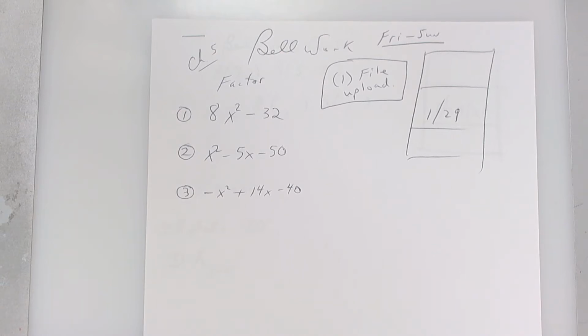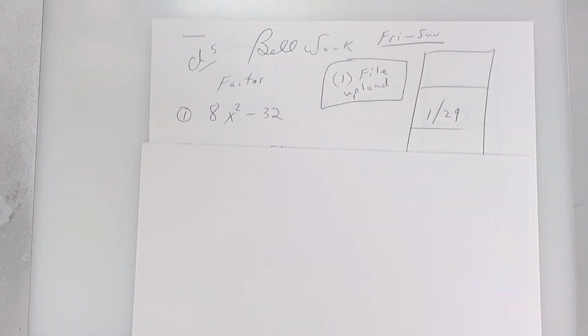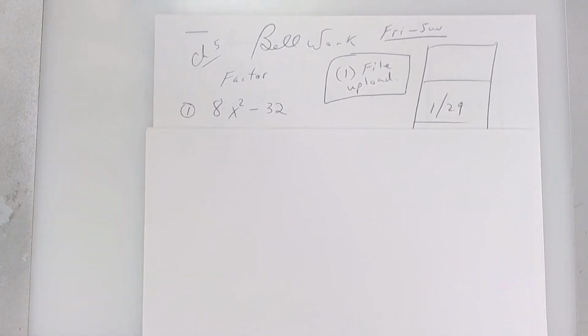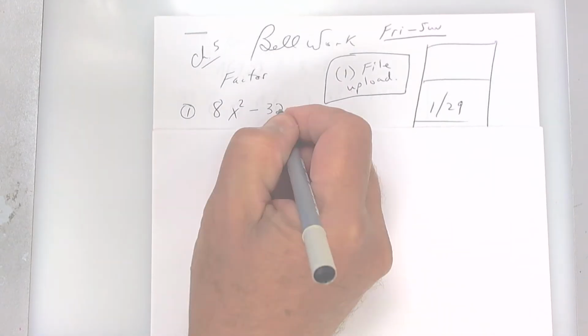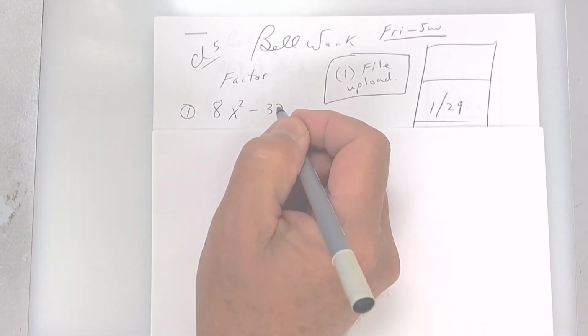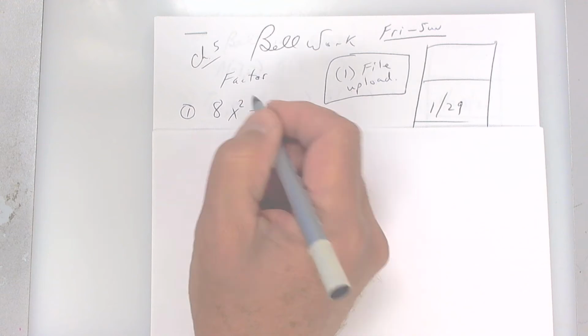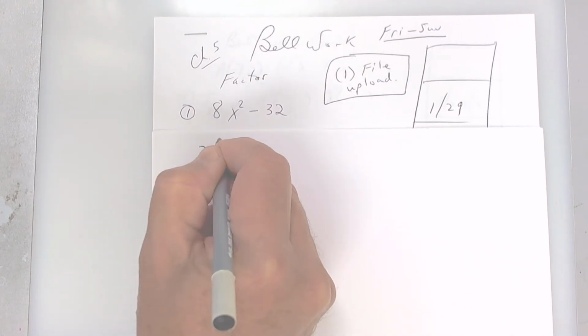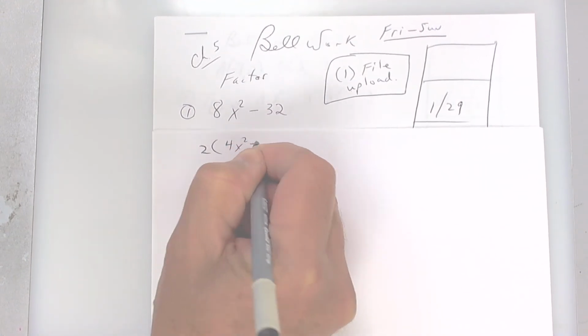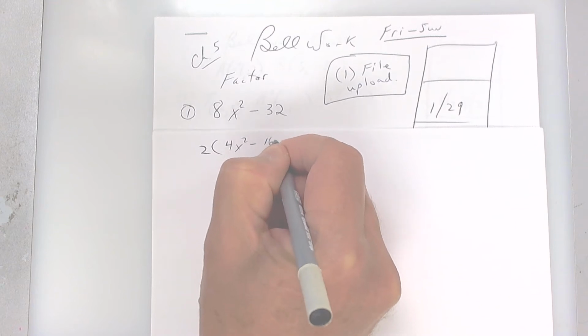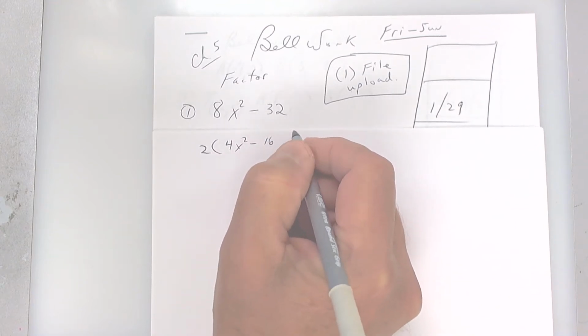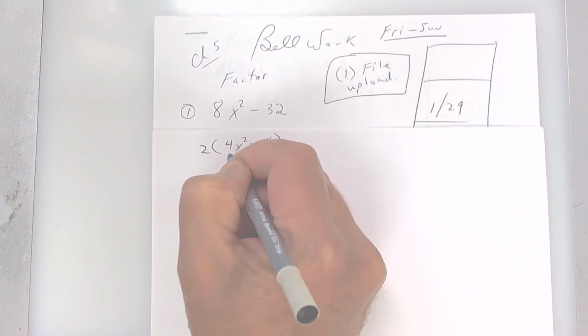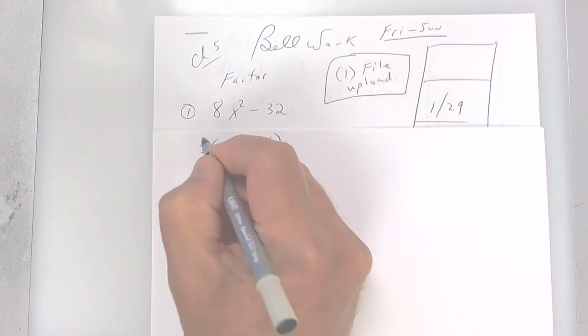Let's take a look here. You were taught how to factor the GCF. Well, all of these have a 2. Might have something bigger. Let's take a 2 out and see what happens. So you get 4x. This gives you 16. So yeah, there is something bigger actually. So we could take out a 4 again.